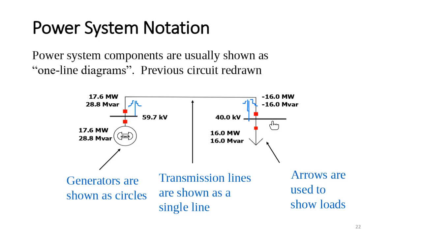Yes, Tamim. So this means the power loss in the transmission line is the difference between the delivery and the power received in the bus. Yes. So the losses is the difference between the sending end and the receiving end bus.